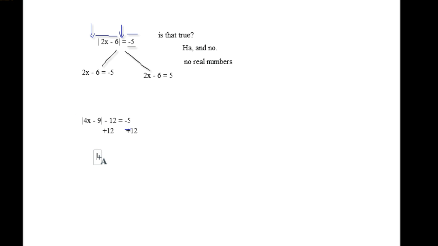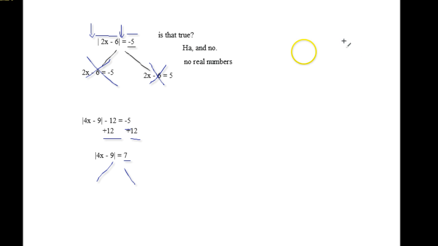And I get the absolute value of 4x minus 9 equals 7. As you can see, it becomes positive, and now I can continue on. Whereas up here, I couldn't continue because I had an absolute value equal negative, whereas down here, when I got done adding the 12, I got a positive number. So that's kind of important that you guys pay attention to that.